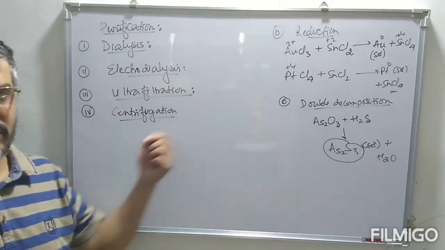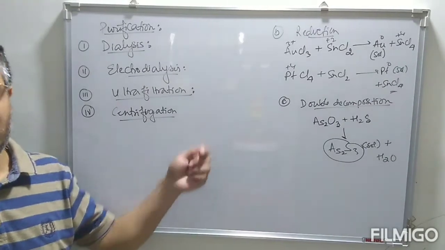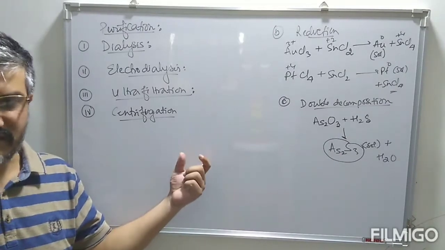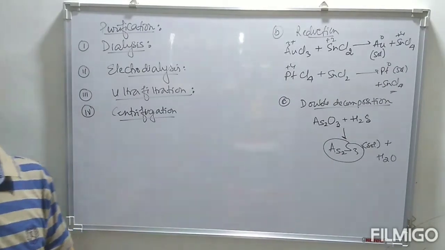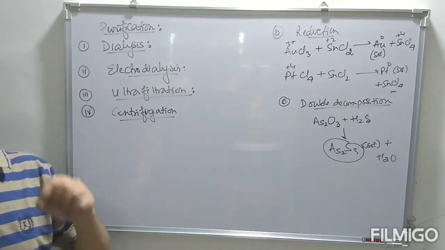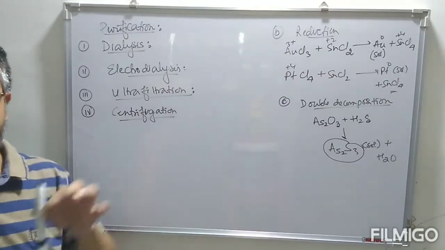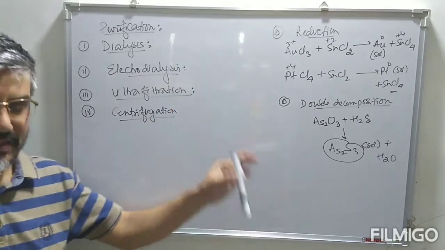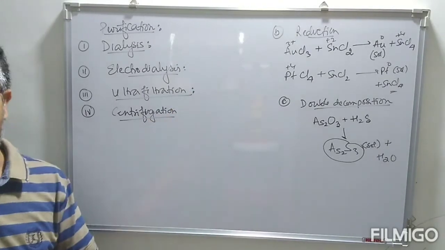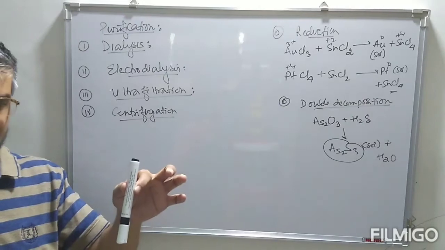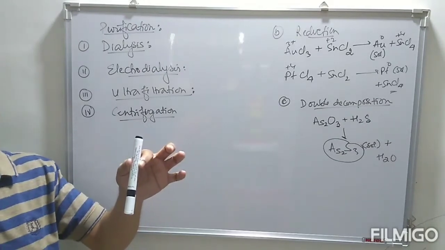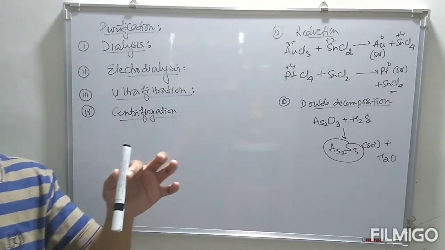This is connected to an electrical circuit, and we can rotate the device at various speeds. Now the colloidal solution which is to be purified is taken in a small test tube, and this is placed inside the centrifuge machine in a tilted position, and this is rotated at varying speed.